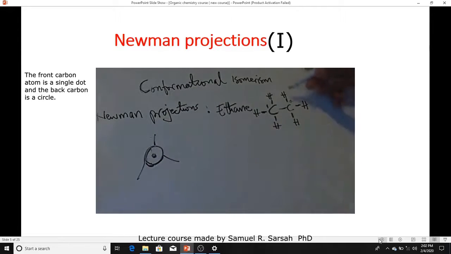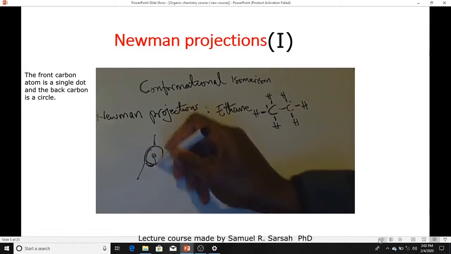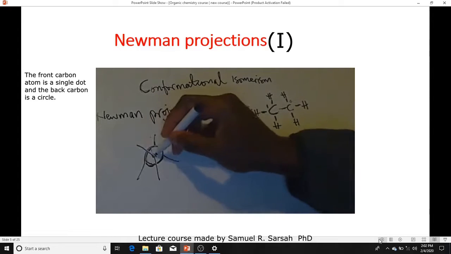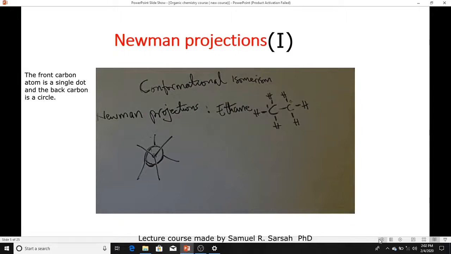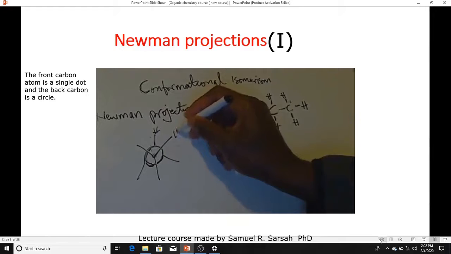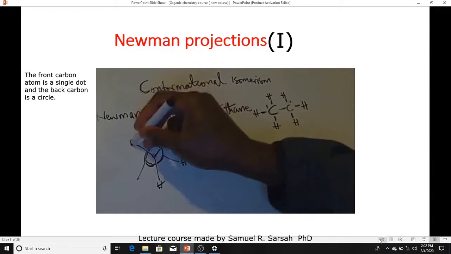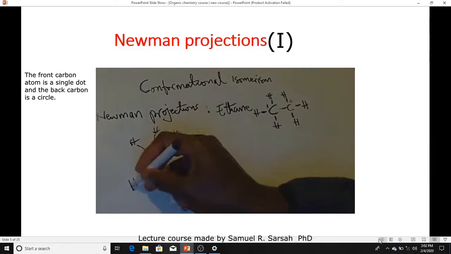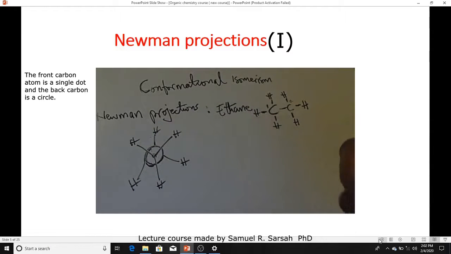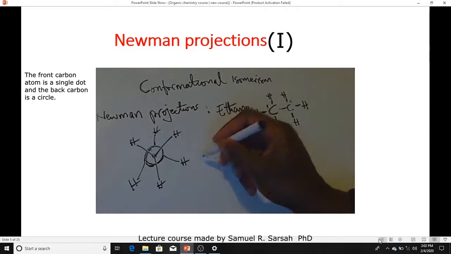Now these 3 hydrogens right here, we can show them coming off like this. So there's a Newman projection of it.